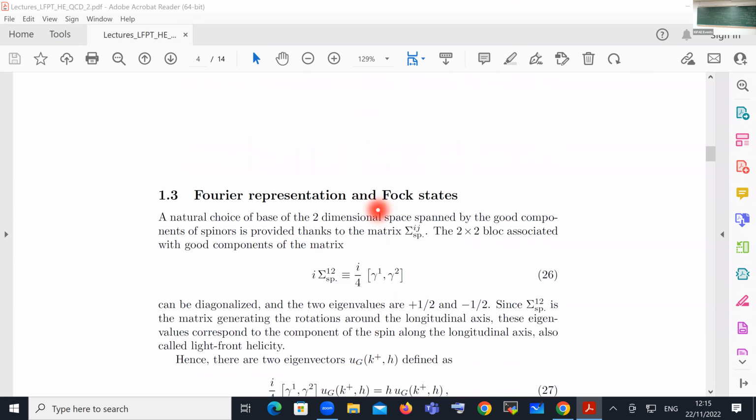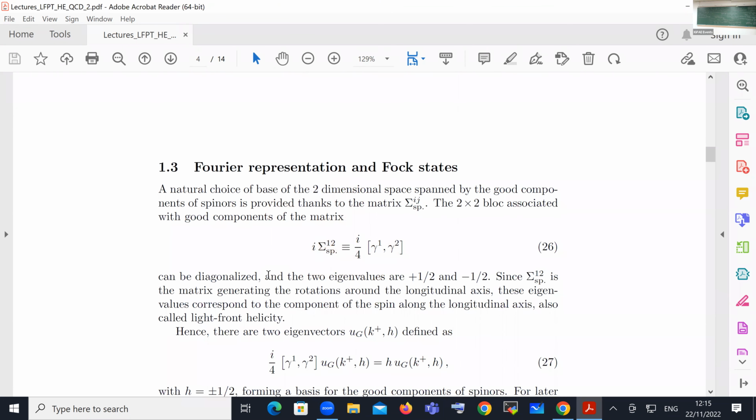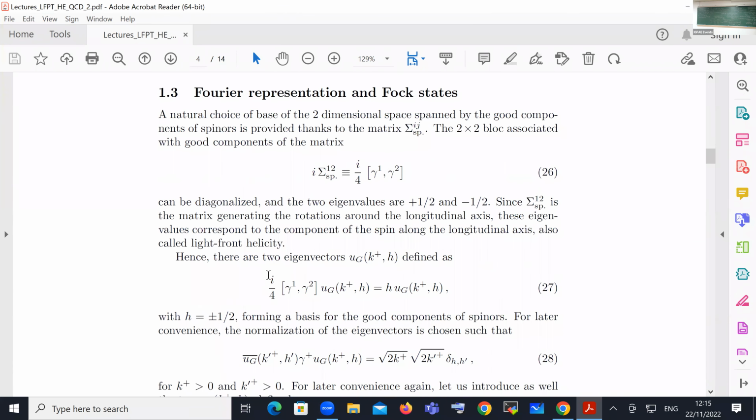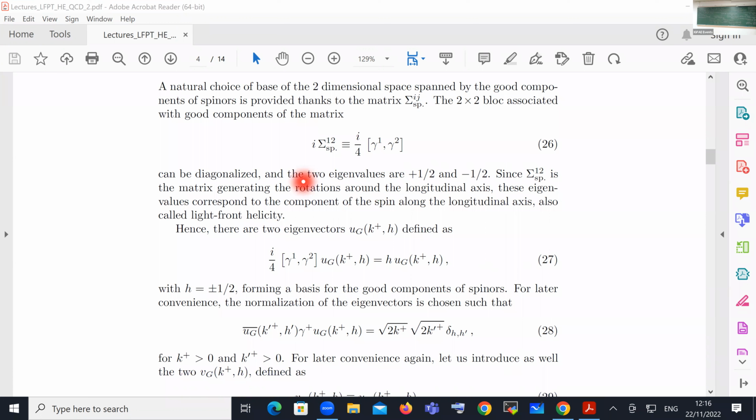So basically this guy here, indeed it was coming from that, which was the object used to describe how the Lorentz transformation, in that case, this particular rotation within the transverse plane, affects the components of the spinor.